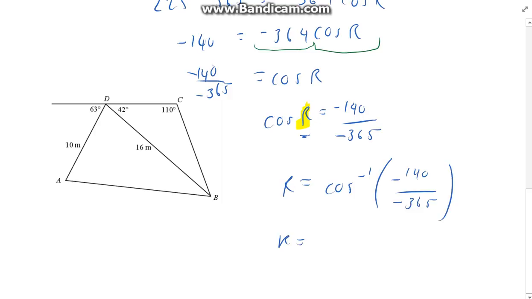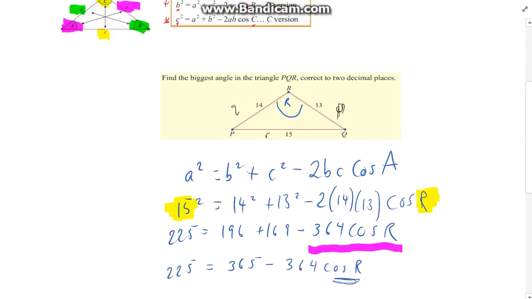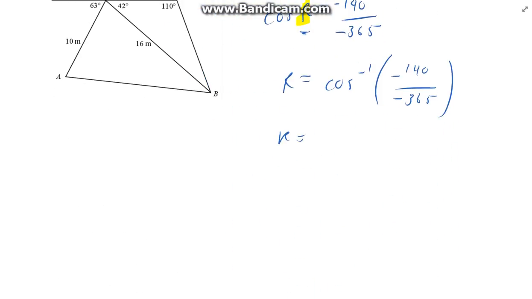So r is going to be equal to, and this is all calculator work from here, inverse cosine of minus 140 over minus 365, and close your bracket. How many decimal places? You say 2 decimal places. So r is going to be 67.45 degrees.